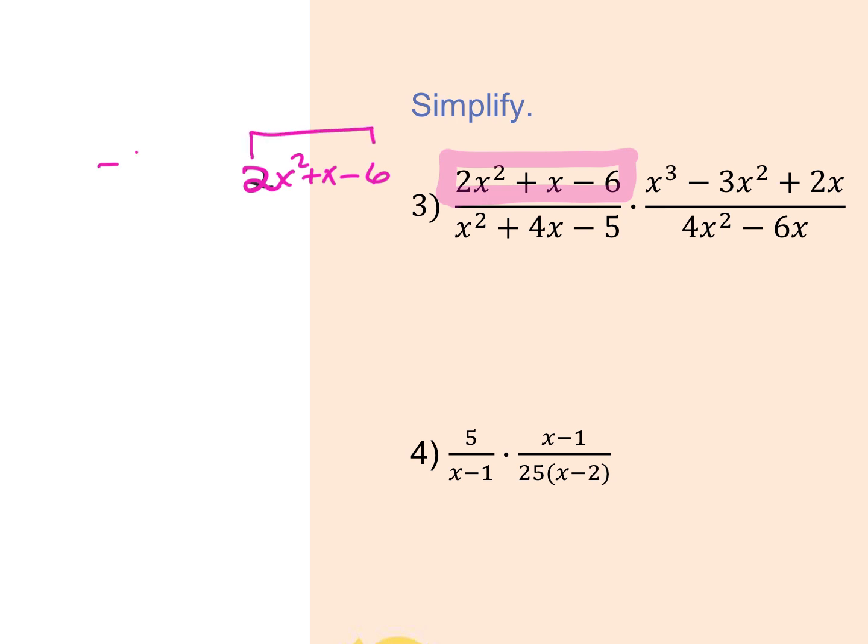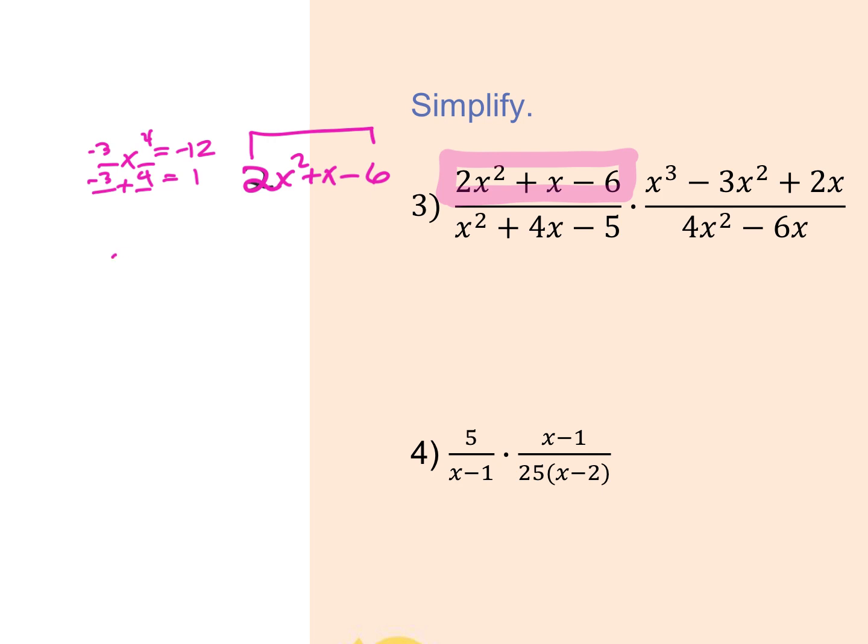So I'm looking for the two numbers that multiply to give me negative 12, but add to give me a 1. Now when that middle term is a 1 or a negative 1, that's a clue to me that my factors are going to be side by side. So my factors of negative 12 that will give me a 1 are positive 4 and negative 3. Because the bigger factor gets the sign of the middle, and my middle was positive 1.